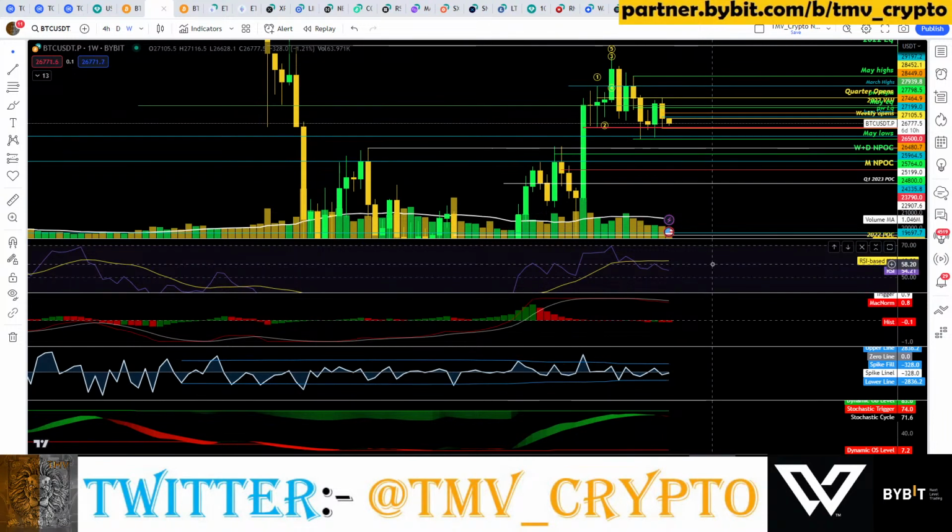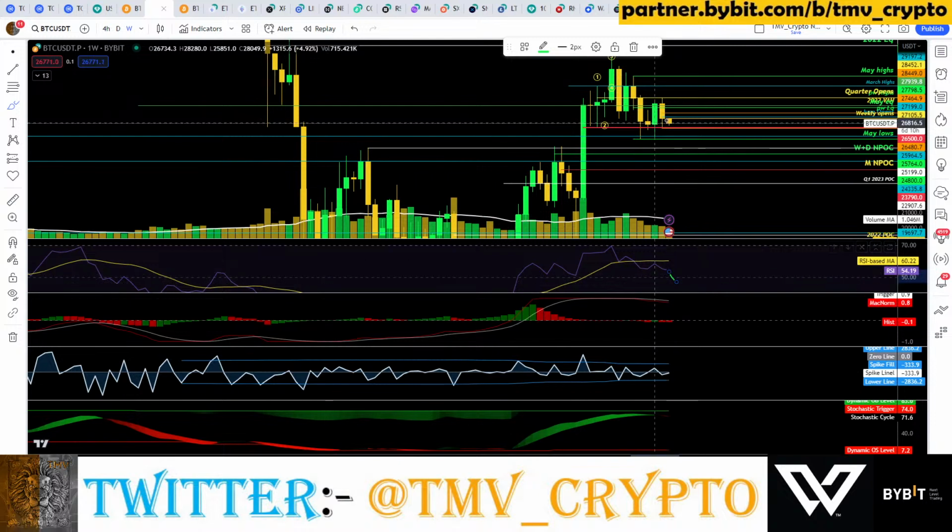So what it does is something like this, a very good dream scenario. It dumps like this, a fake breakdown, and Bitcoin goes to 24,800. It forms a very interesting bullish divergence over here on Bitcoin from these levels. And RSI pumps back up like this.